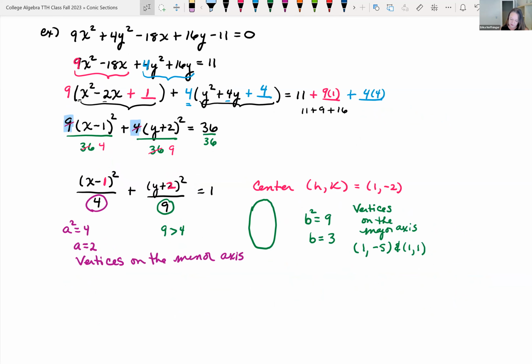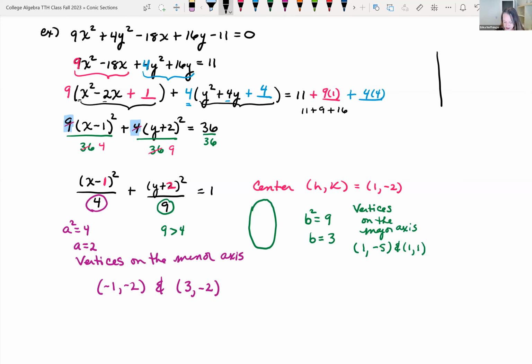My center again was 1, -2. So 1 minus 2 gives me -1. Y value stays the same, -2. So 1 plus 2 would give me 3. Y value stays the same, -2.